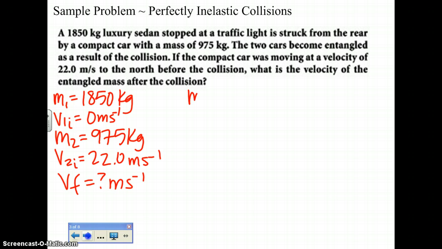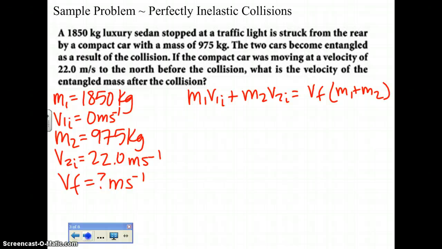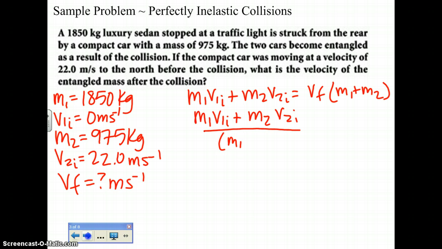So our original equation is M1V1I plus M2V2I equals VF times the quantity of M1 plus M2. Makes sense? The two vehicles are together, so they're going to share a combined mass and move at one final velocity. So we need to rearrange this so it says VF equals M1V1I plus M2V2I divided by the quantity of M1 plus M2. Therefore, final velocity is now isolated.